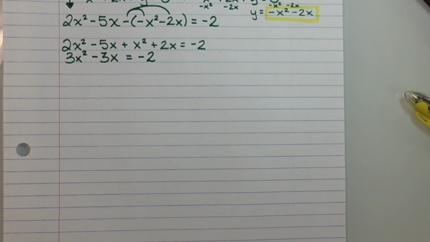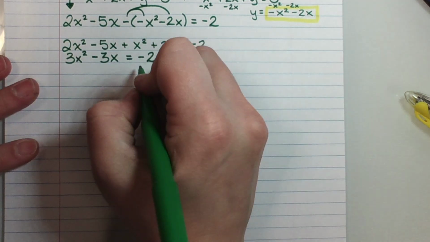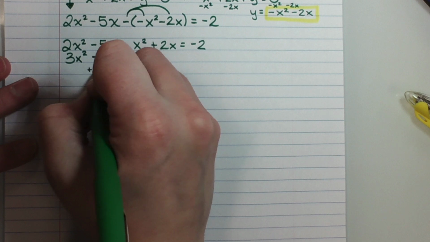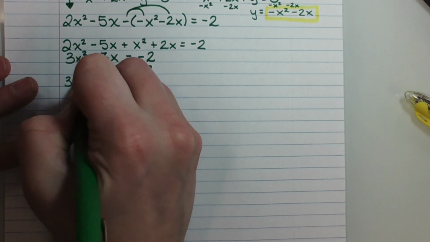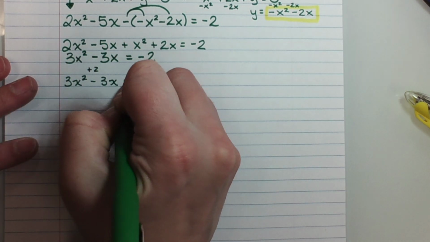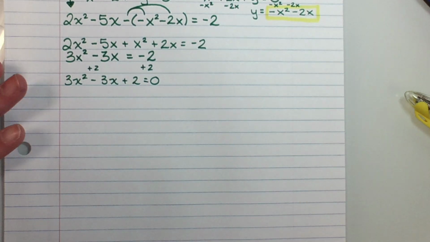In order to do the quadratic formula, what must be first true about the equation? Standard form equal to 0. Okay, so I add 2. Doesn't combine with any of those. So 3x squared minus 3x plus 2 equals 0.